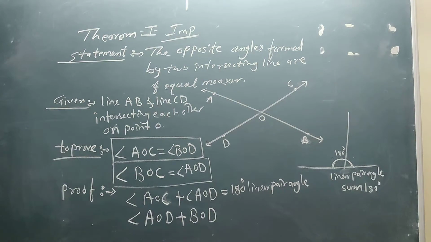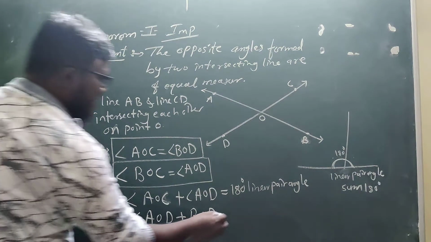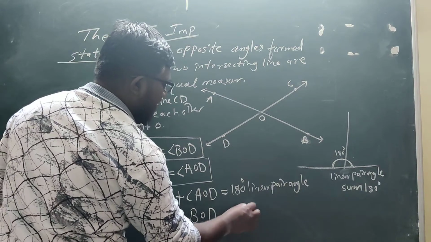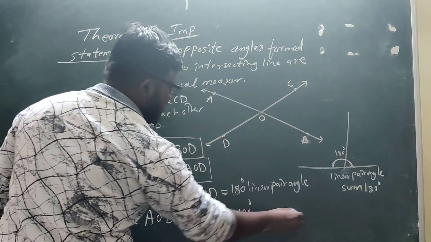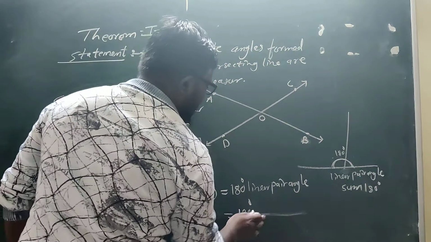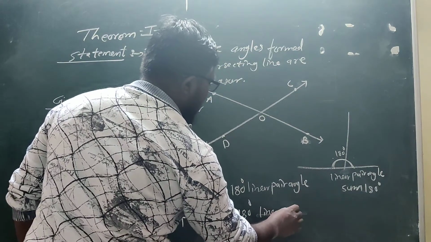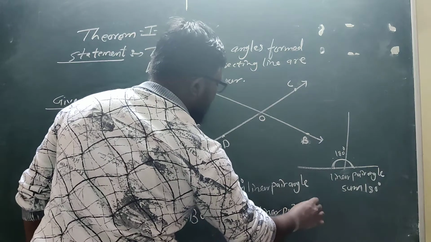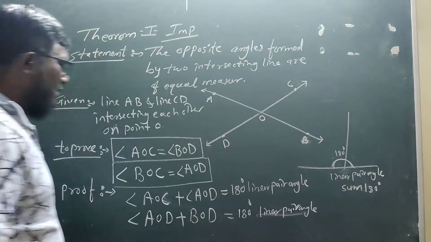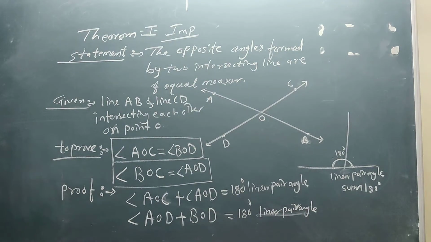These two angles are also a linear pair and will give 180 degrees. So we write them like this: they are linear pair angles.